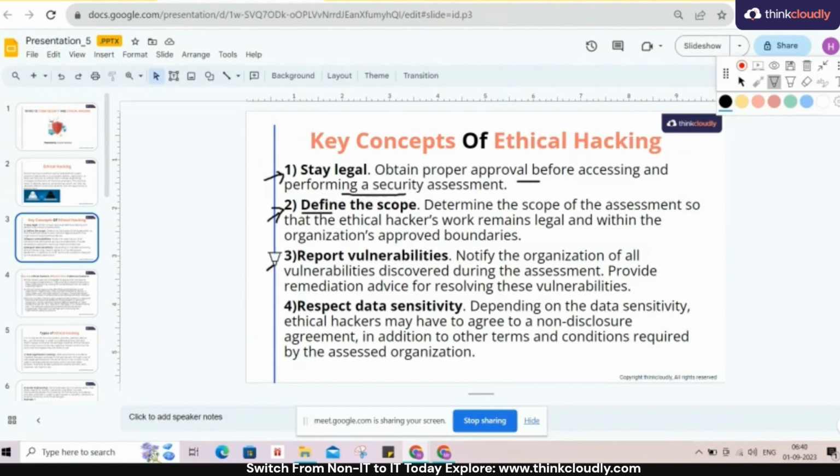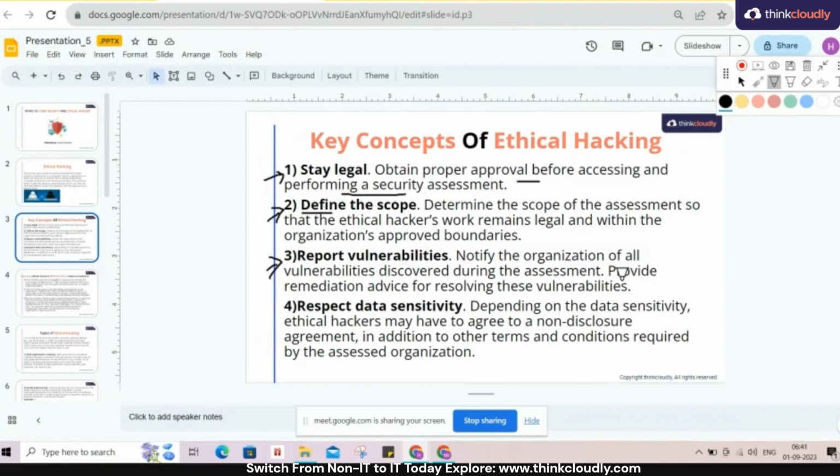The third part is reporting the vulnerability. Whatever vulnerability you find, you have to report it, and along with the report you have to provide the remediation steps.